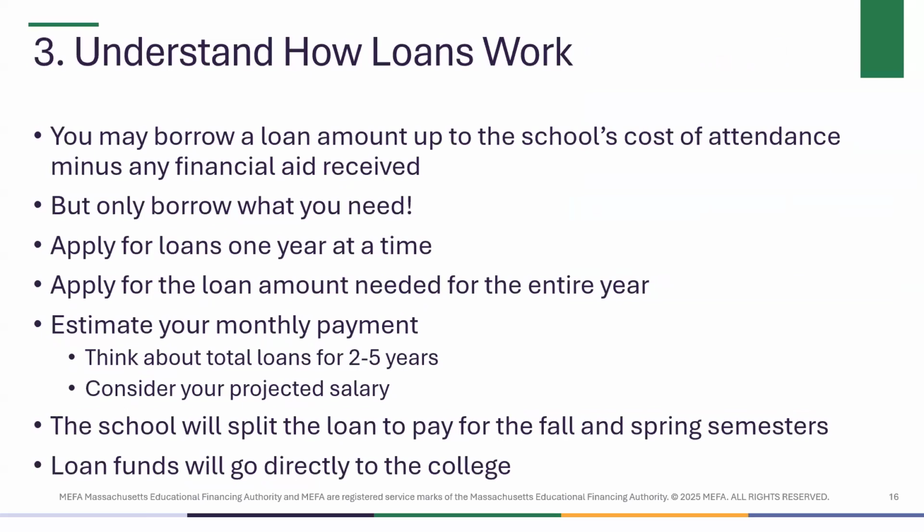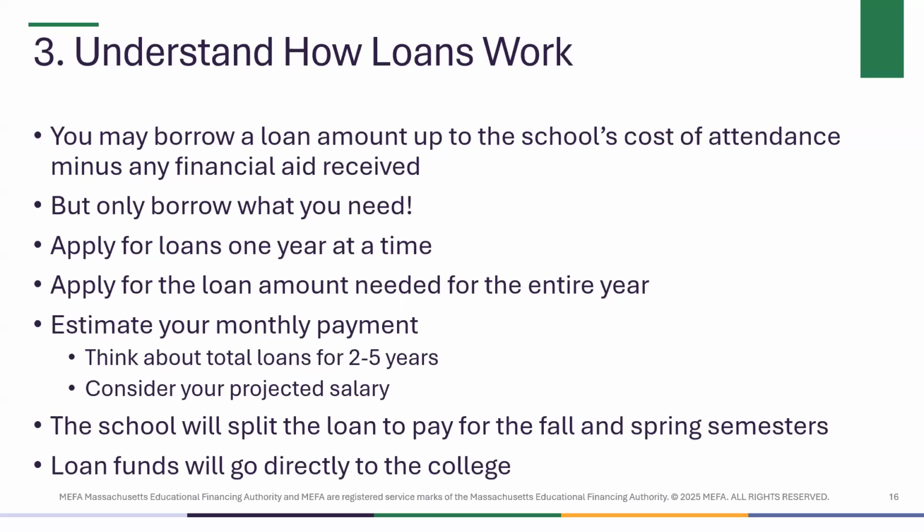So let's also understand how loans work and how the process works. Whether it's a MEFA loan, an education loan, or even a Parent Plus loan, you can only borrow up to the school's cost of attendance minus any financial aid you received. So that cost of attendance does include unbilled costs such as off-campus housing, books, supplies, and transportation.